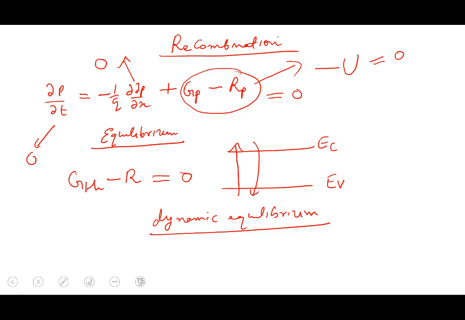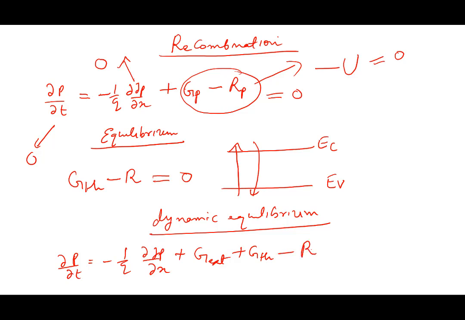Let me explain what I'm saying. If I add an external input and there is an extra generation rate, our equation will become del P by del T minus 1 over Q del JP by del X plus G external, plus G thermal generation, which always occurs, and then there is recombination. There's always a thermal generation taking place, and this is the external generation rate.